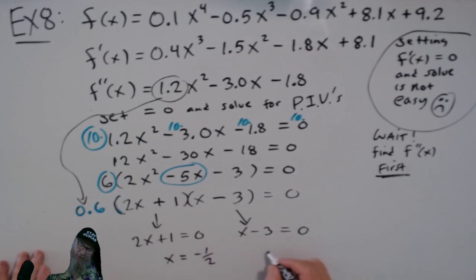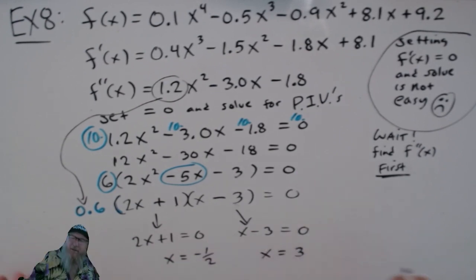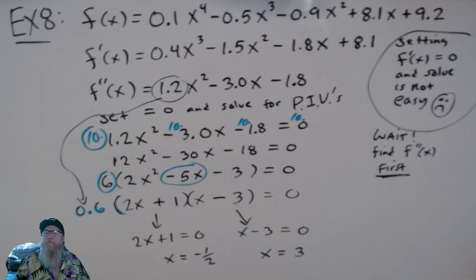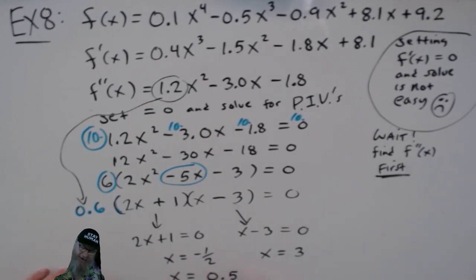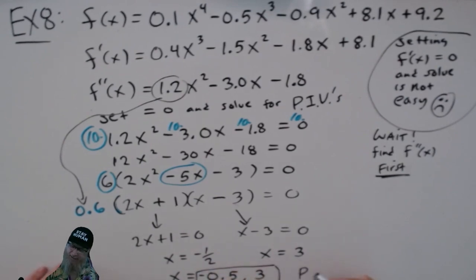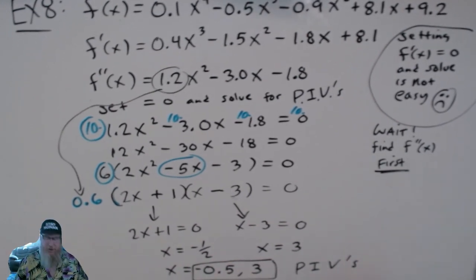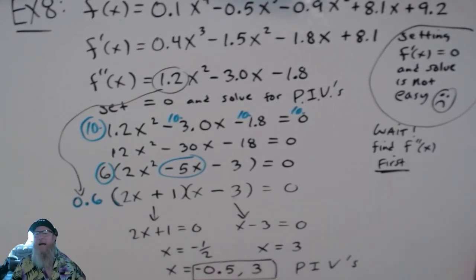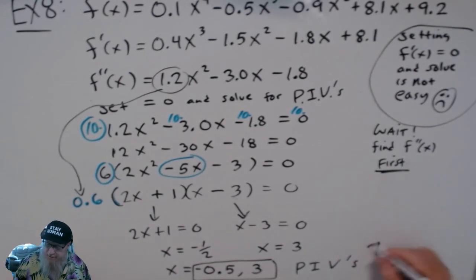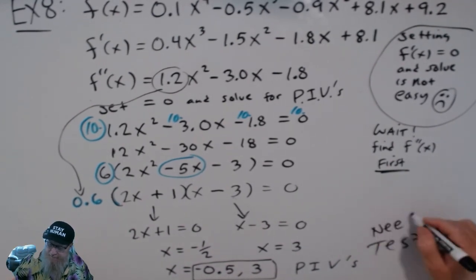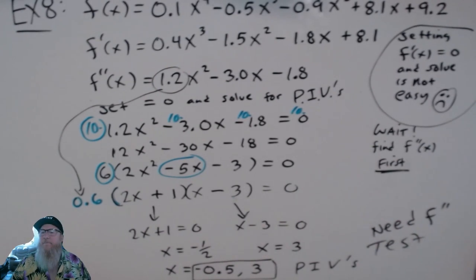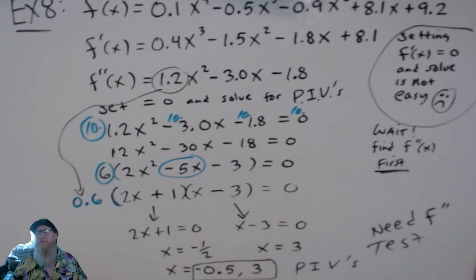So I'm going to get negative 1/2 and 3, or as decimals, negative 0.5 and 3. So these are our PIVs, possible inflection values. I don't know if they're inflection values until I test them. We call that the second derivative test, the f double prime test.